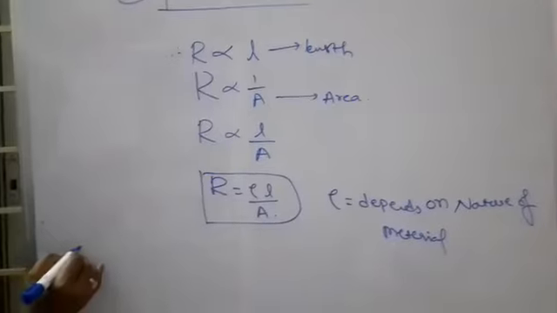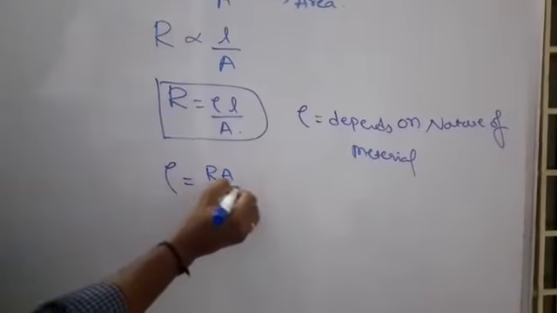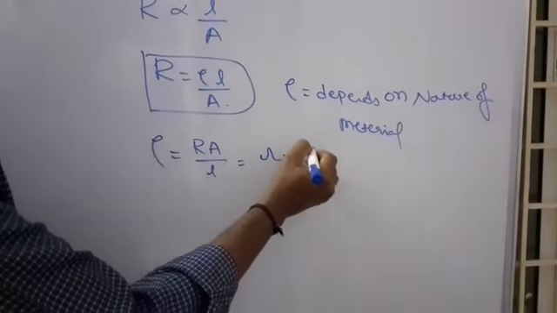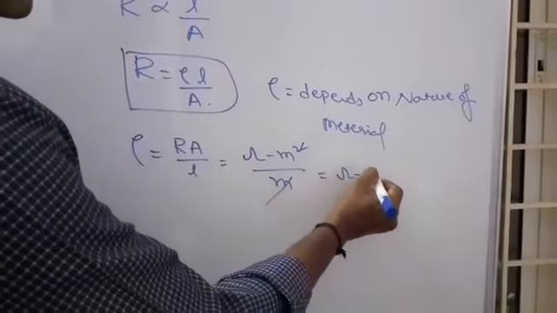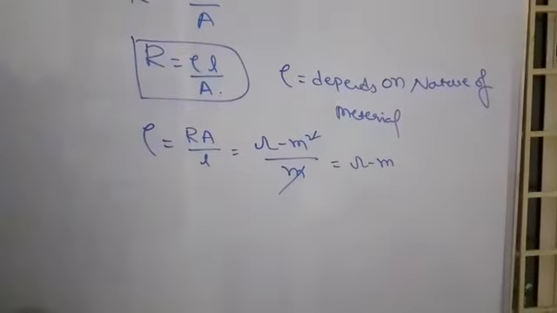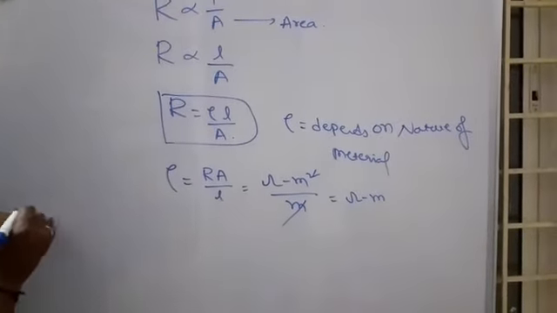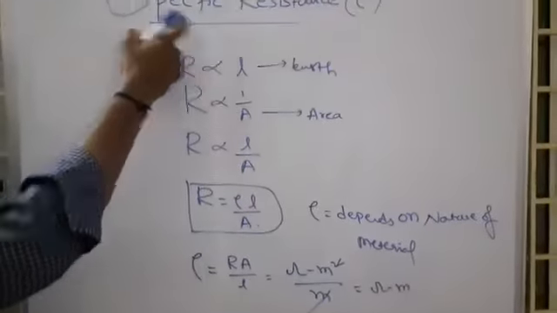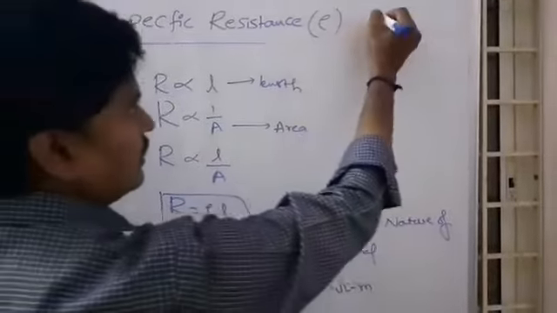Then the resistivity units: rho is equal to R A by L. Resistance in ohms, area in meter squared, length in meters, which cancels, giving ohm meter. So this is the unit for specific resistance, which is also called resistivity.